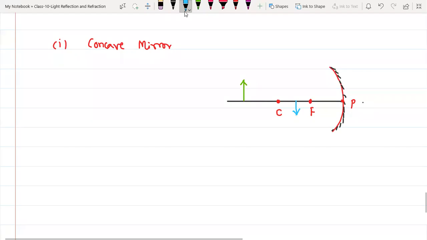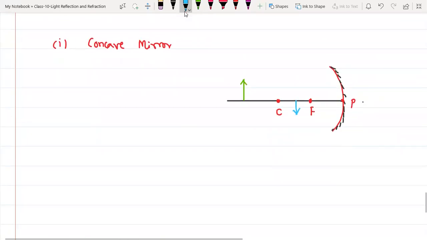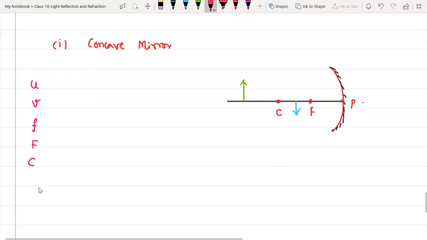Now what are the letters we have seen here? Let us try to write those letters. U, V, small f, capital F, capital C, then H, H dash.